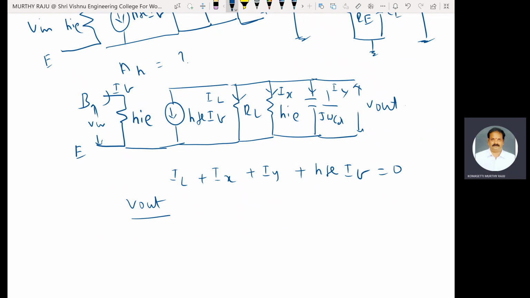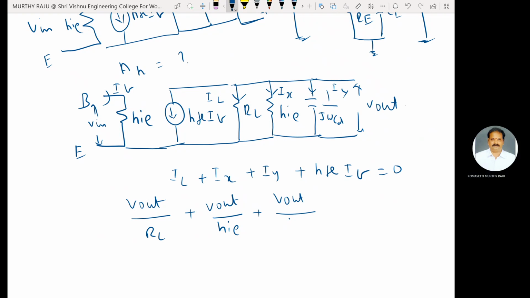IX is equal to V out by HIE. IY is equal to V out by 1 by J omega CD, because all are connected in parallel, the voltage across all the parallel resistances is equal to V out.